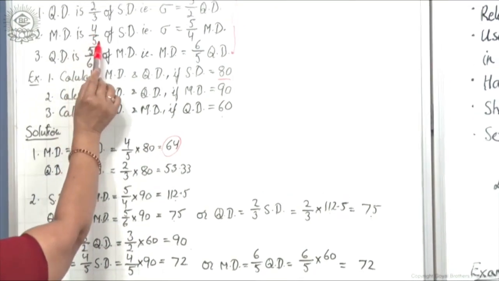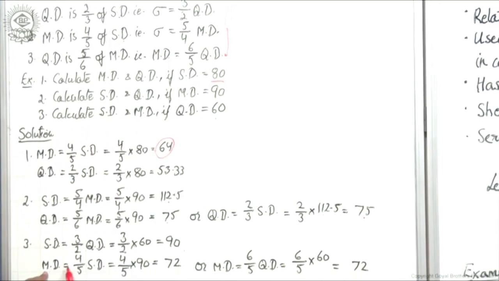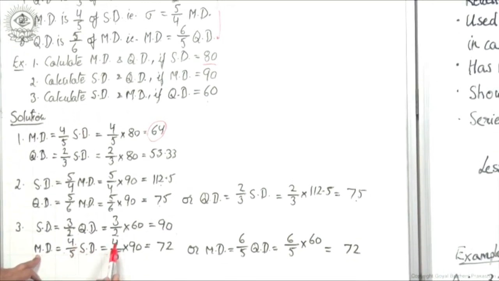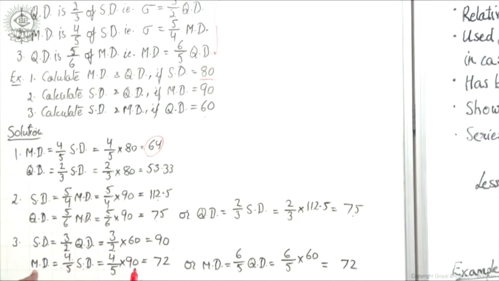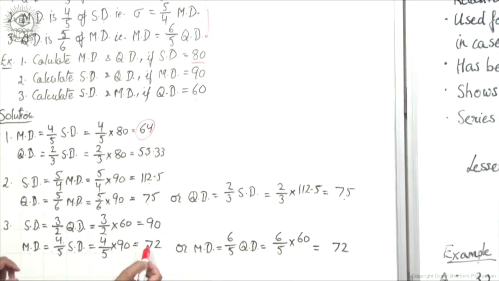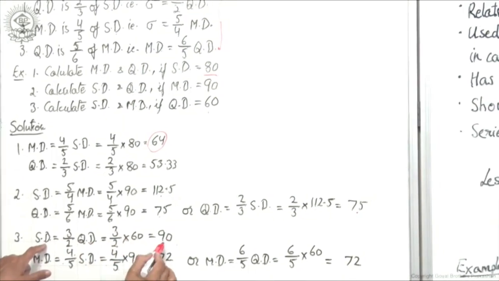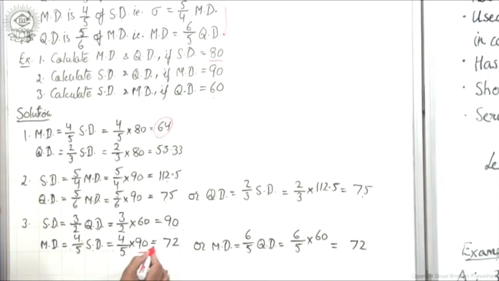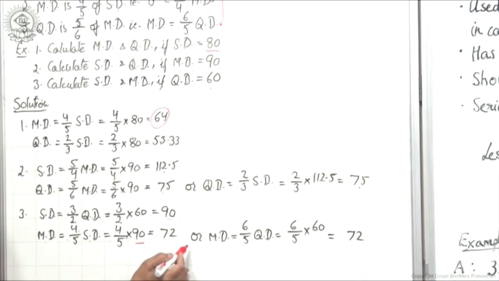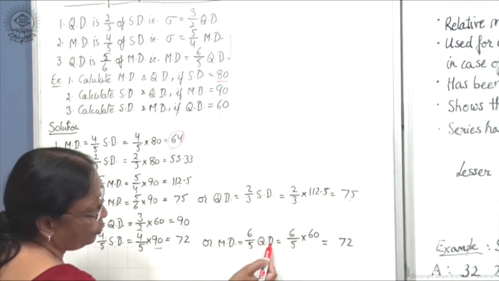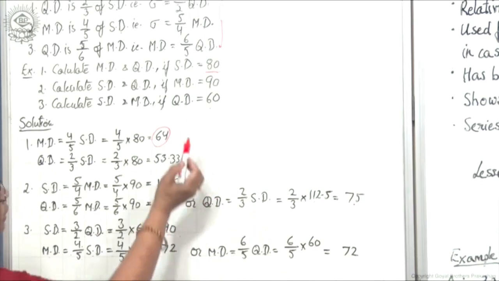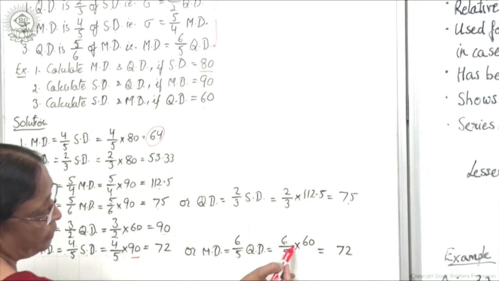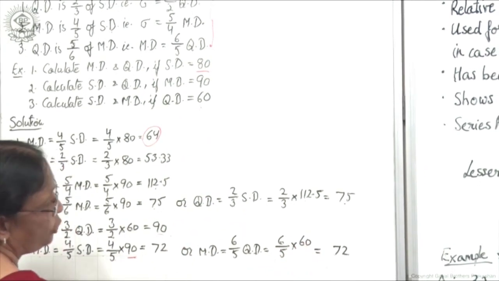So MD is equal to 4 upon 5 into 90, since you have calculated SD as 90, and this is 72. Or MD is 6 upon 5 of QD, which is 6 upon 5 into 60, equal to 72.